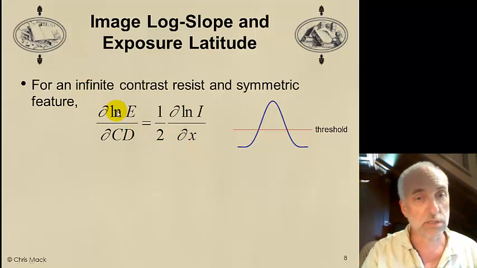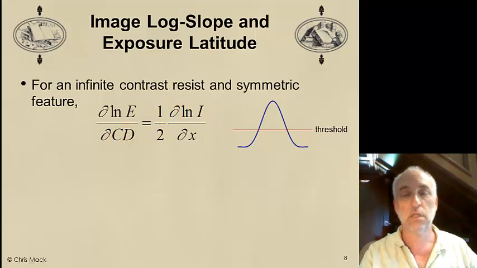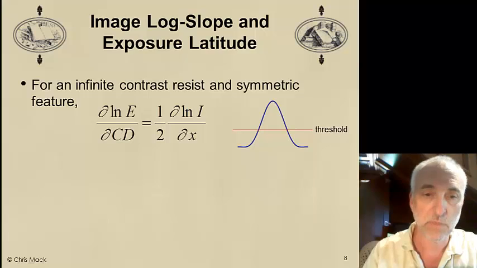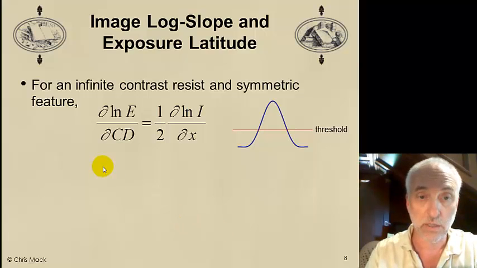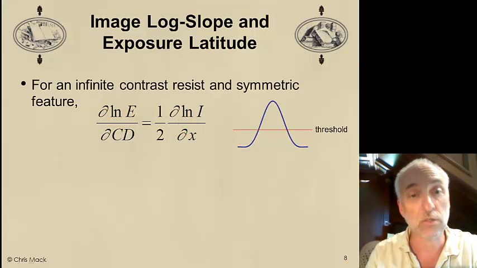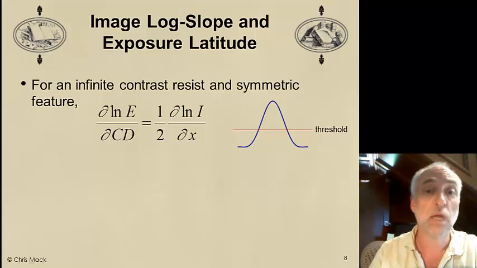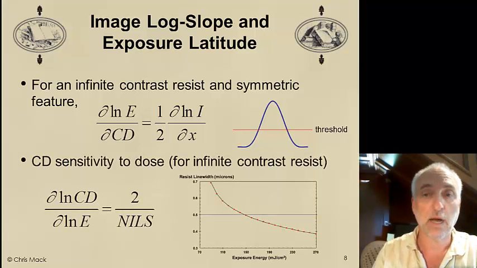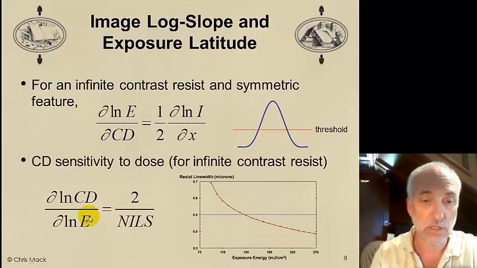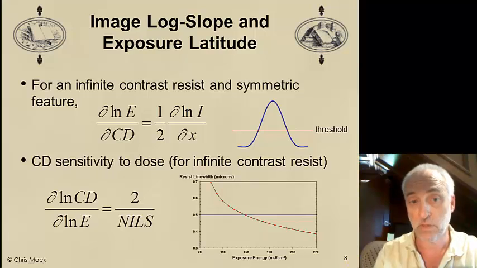As a result, d log E over dCD is simply 1/2 image log slope. Well, if I want to convert this to d log CD, I simply multiply both sides by the nominal critical dimension, and the result is, if I flip it upside down, d log CD over d log E is nothing more than 2/NILS.